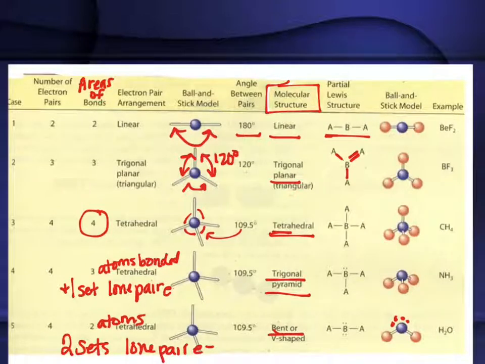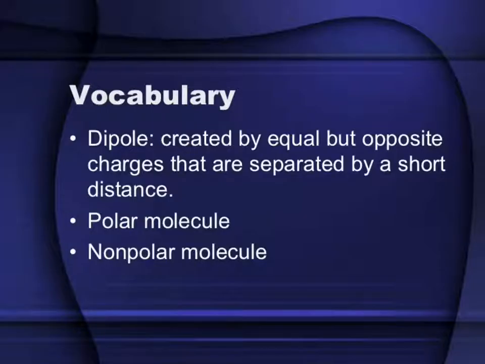Good? Okay. Before we move on, some words you need to know: dipole. Di is 2. Pole means areas of positivity or negativity, like the positive pole and negative pole of a magnet. So a dipole means there are 2 areas with opposite charges. We call those delta, a lowercase delta.